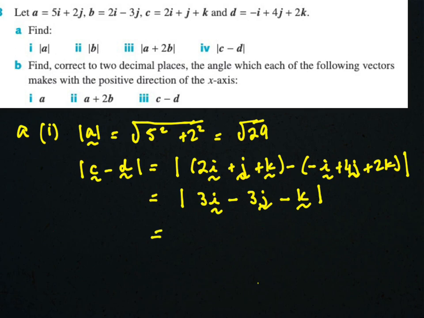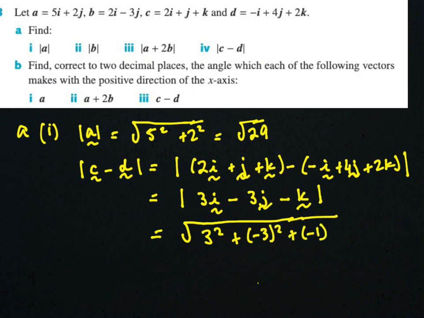So here we go, it is the square root of, the coefficient of i is 3, so it's 3 squared, plus negative 3 squared, plus negative 1 squared, and that is going to come to the square root of 19. So that's the magnitude of C minus D and A done.